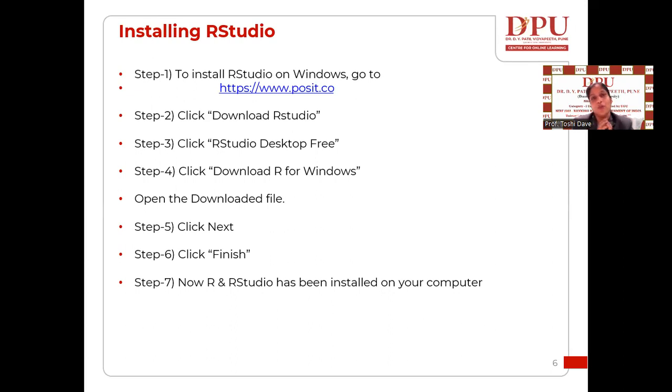Clear? So make sure that initially you are downloading the R setup .exe file. After that, you are downloading RStudio. Okay. Not only downloading, but for successful installation also, make sure R is installed first, then RStudio will be installed.